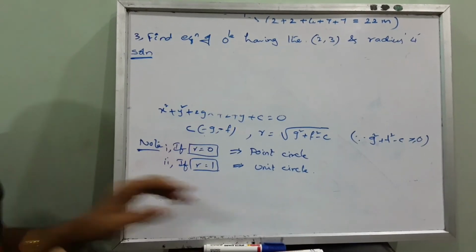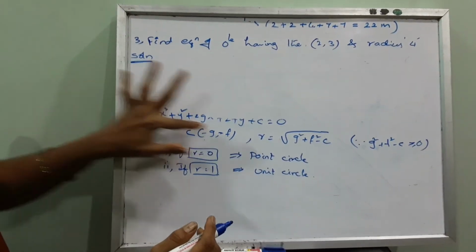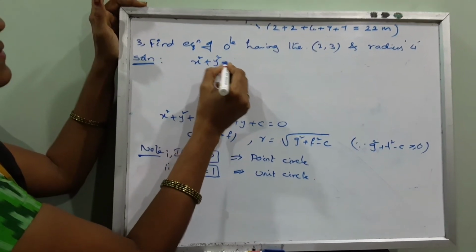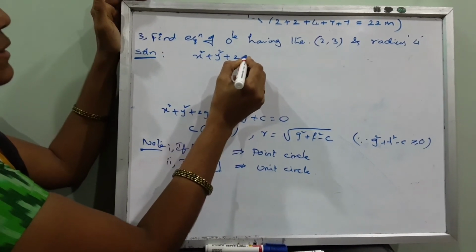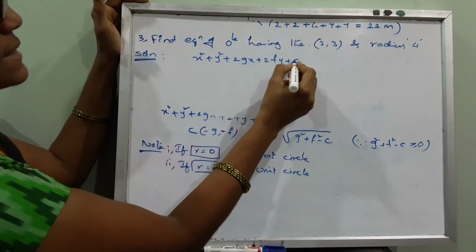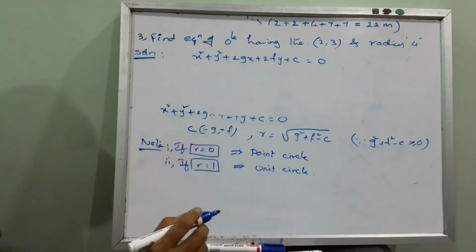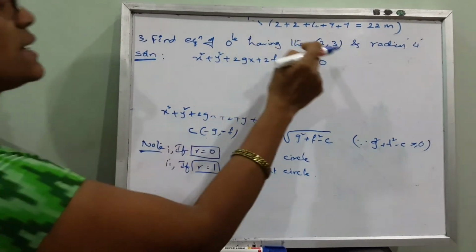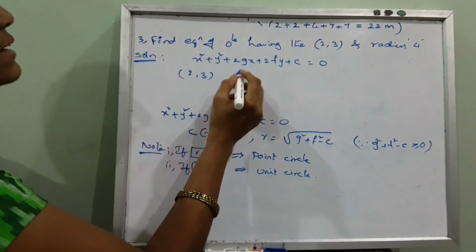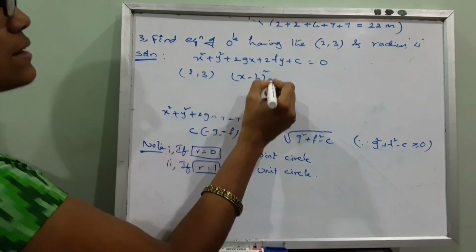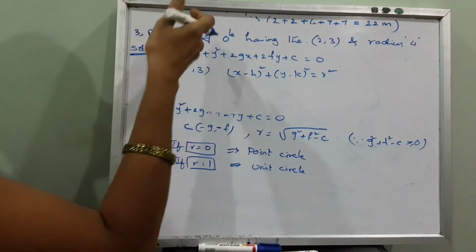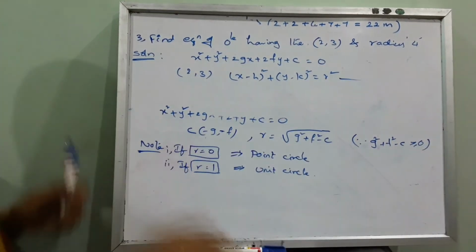Solution. The general equation of a circle is x square plus y square plus 2gx plus 2fy plus c is equal to 0. Already the center is given, so we use the formula x minus h whole square plus y minus k whole square is equal to r square. In the previous problem, the second problem also, we use the same formula.